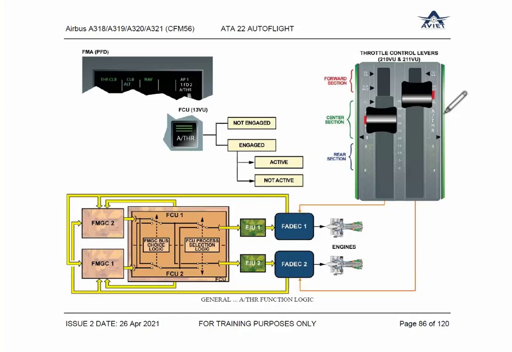We have already seen your auto thrust range is up to this. This is the auto thrust range in two engine operation. In single engine operation, it can extend up to this level. If one engine is shut down, a single engine can do auto thrust up to flex MCT.